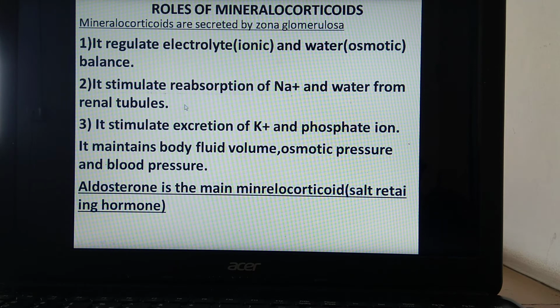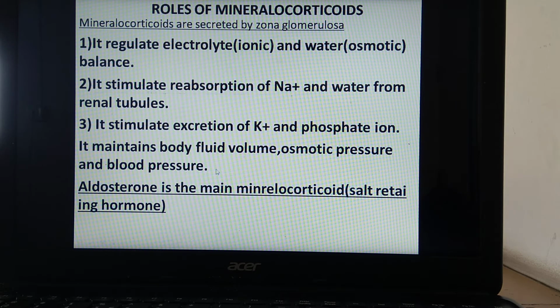For what purpose is it reabsorbed? So that it can be reutilized inside the body and the loss of sodium and water is prevented. What is the third one? It stimulates excretion of potassium and phosphate ions. So there is absorption of sodium and excretion, that is removal, of phosphate and potassium ions.